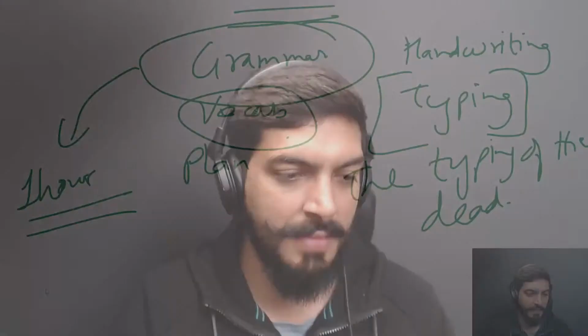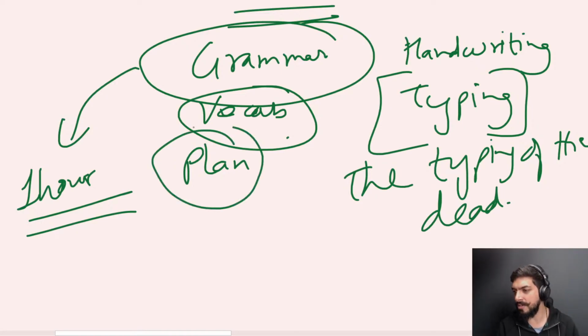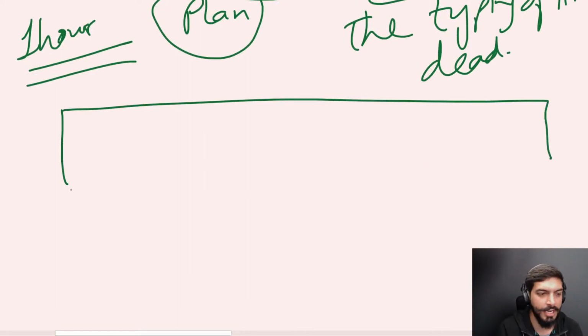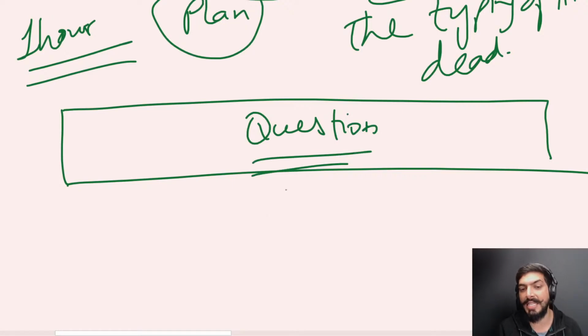Okay. So now let's get back to our writing pad and we're going to discuss. Coming to the plan part, this is something really important to understand. Tell me one thing, what's going to happen if I see a question in IELTS, essay writing I'm talking about. This is the question, okay? As soon as I get the question, I start writing the answer.